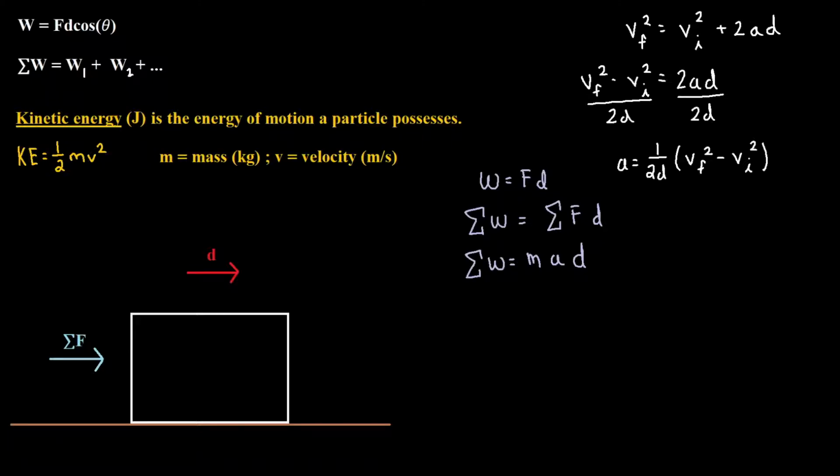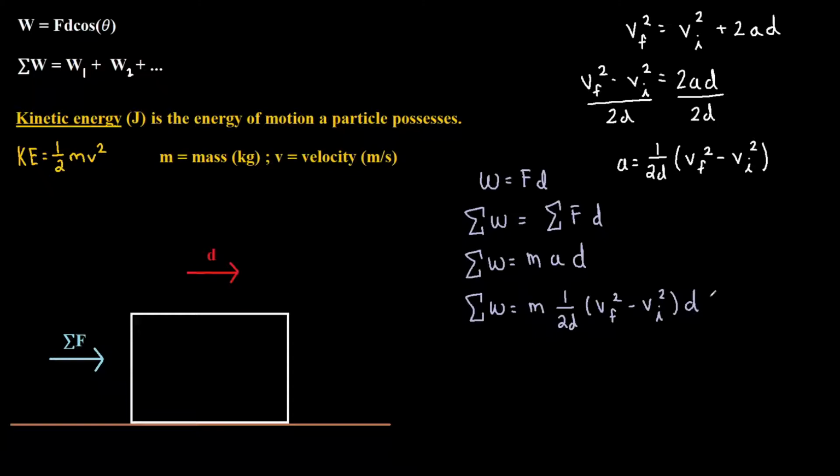But first, let me change the color back to purple. So we have the net work is equal to the mass times 1 over 2d times the final velocity squared minus the initial velocity squared times the displacement.